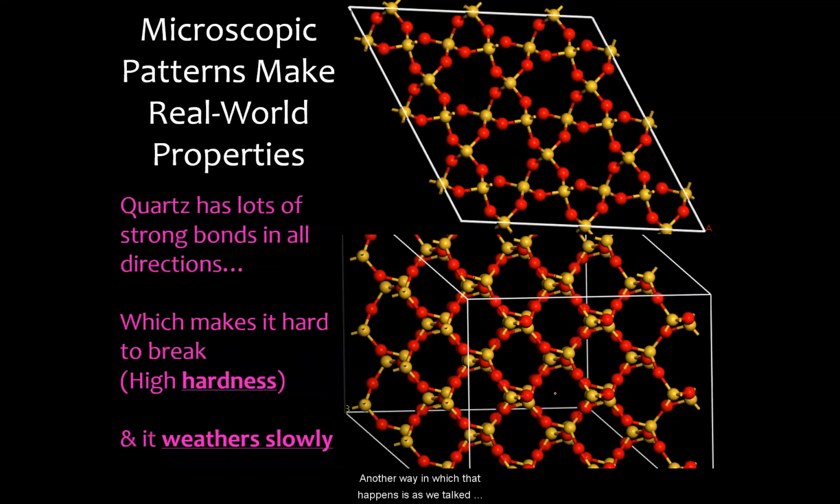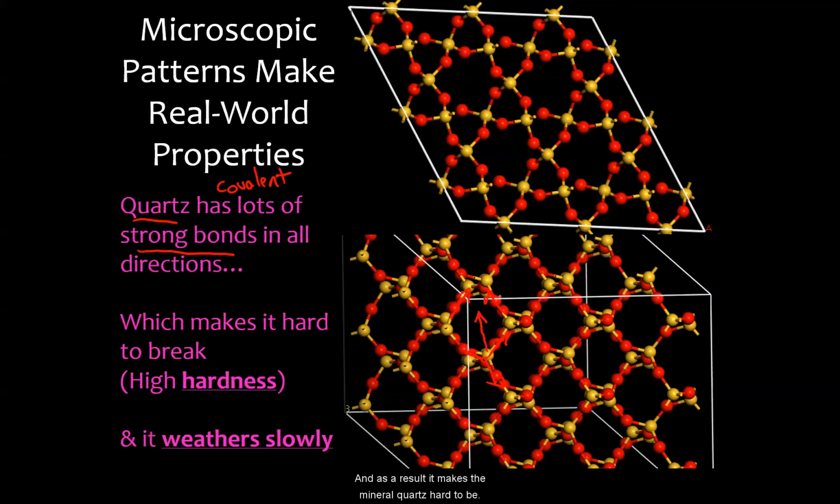Another way in which that happens is, as we talked about, quartz has a lot of strong covalent bonds. And these bonds are really in all directions. Like if you looked at this structure, there's lots of bonds that way, that way, that way. If you even went this way, there's still a lot of bonds going in every direction. There's no planes of weakness where you could cut easily.